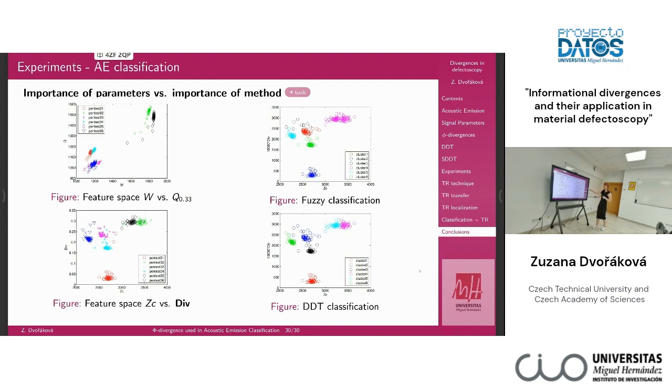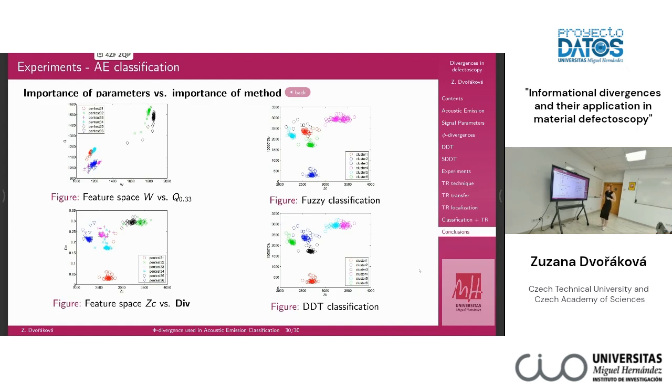If we apply fuzzy classification, an easy method for classification, to this data set, you can see that this method isn't able to distinguish these two clusters. These two clusters are put together, and the method tries to find another cluster in some outliers. So it's not a good result for us.